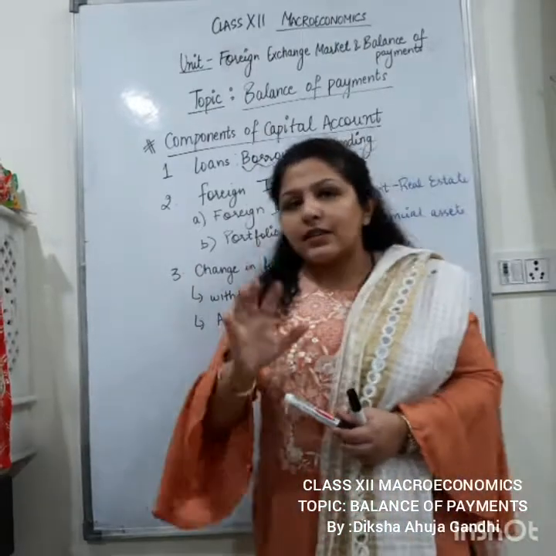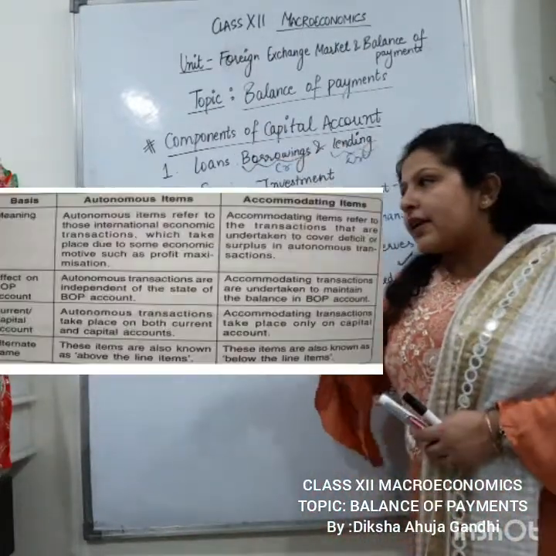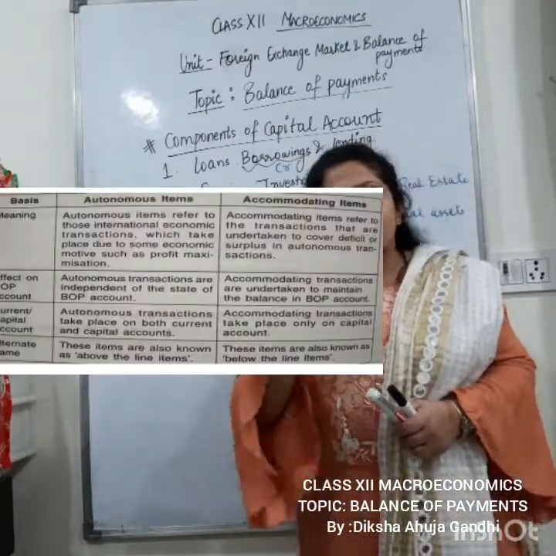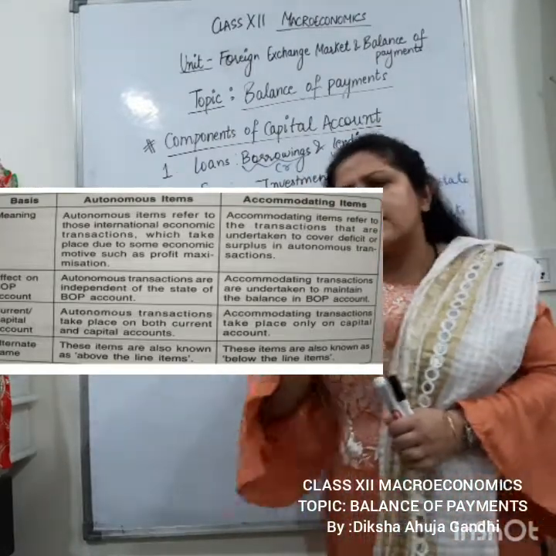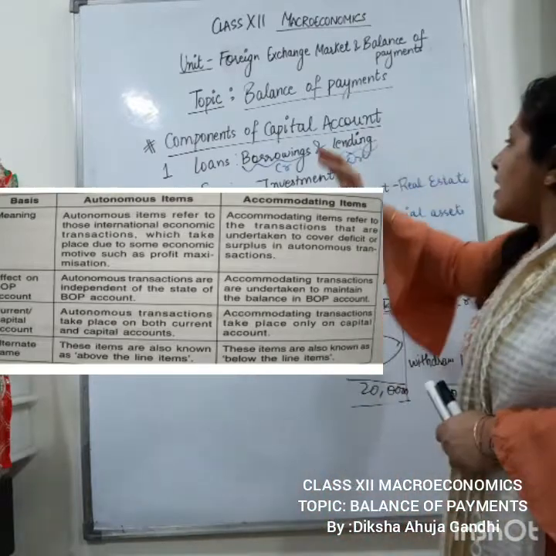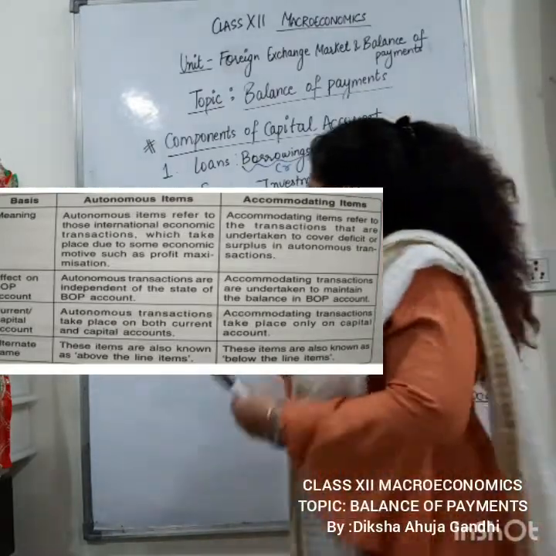Then we have one last difference between accommodating and autonomous items, right? Because deficit is deleted for this year, but still you should know this difference because it is very important. So whatever items we have studied till this point, right?